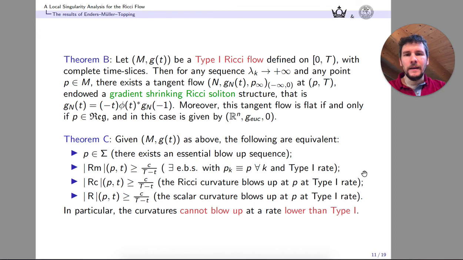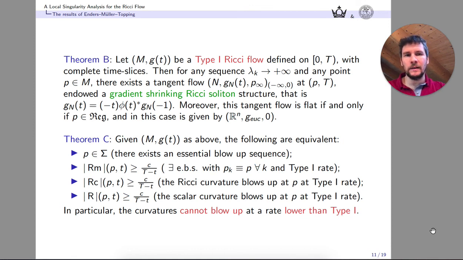So again, all of this assumes an upper type 1 bound, so a global type 1 assumption. And under this assumption in particular, we see that none of these curvatures can blow up at a lower rate than type 1. So a priori one might think that one of these curvatures might go to infinity, but not satisfy such a lower bound. But that cannot happen under a global type 1 assumption.